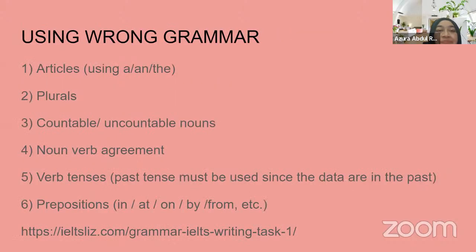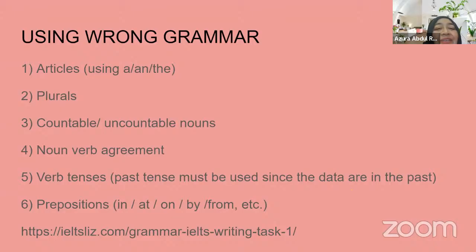Wrong grammar. This is probably the most common. You're using the articles a, the, or zero. Remember that sometimes there's zero article. You don't need to write an article there. For example, if you're talking about certain countries, saying I come from the Malaysia is wrong. I come from Malaysia. I come from Indonesia. I come from Thailand.